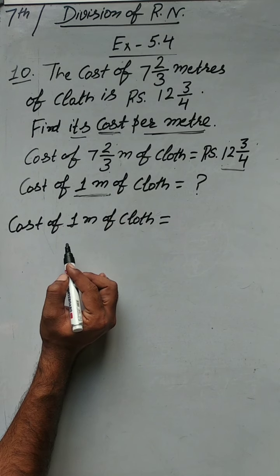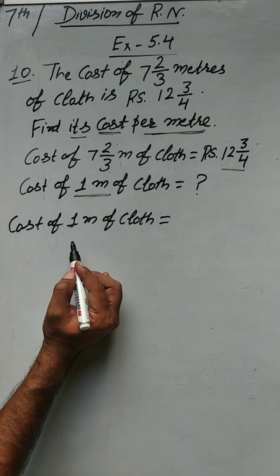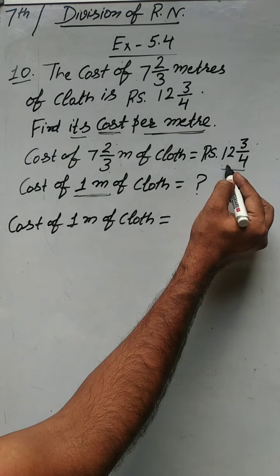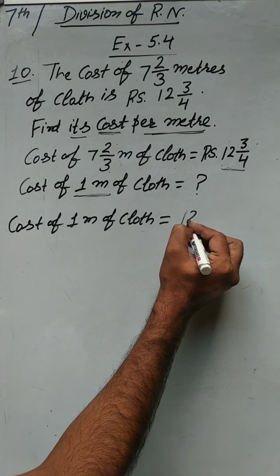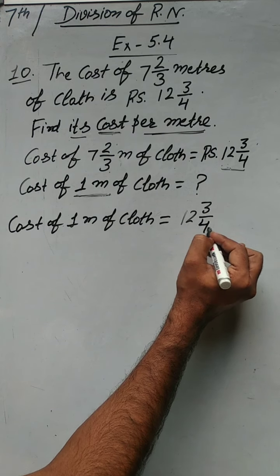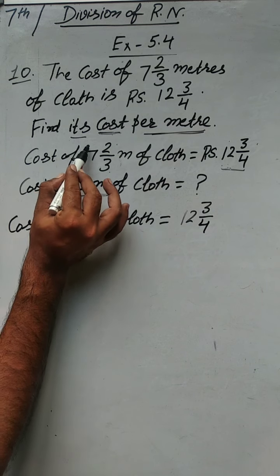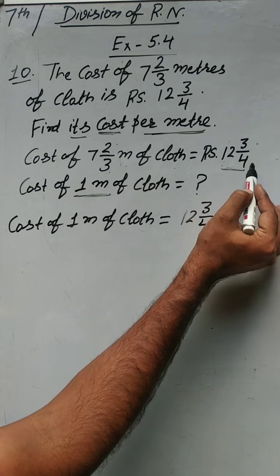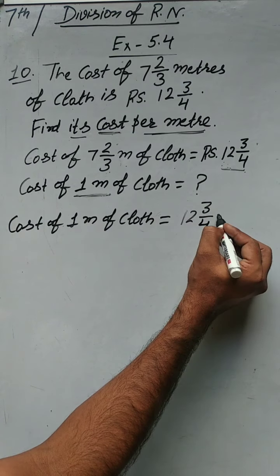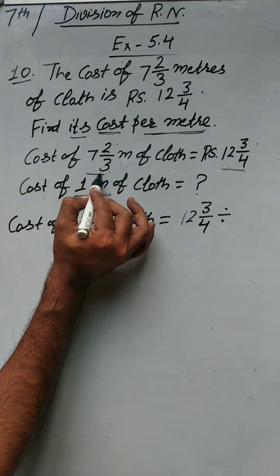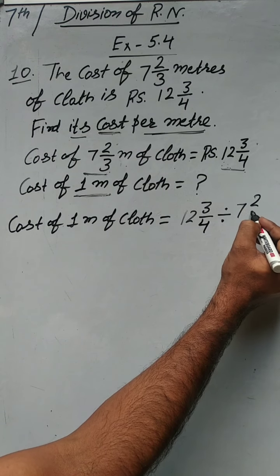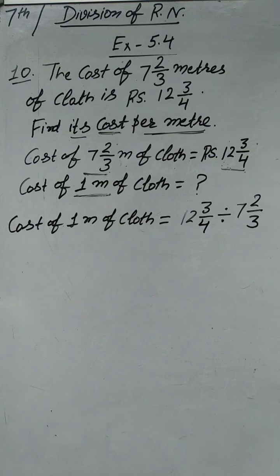So the cost of 1 meter of cloth, you can apply the unitary method, will be 12 3/4, the cost of 7 2/3 meters of cloth, divided by the total length. Total length of the cloth is, beta, 7 and 2/3. Understood? Clear?